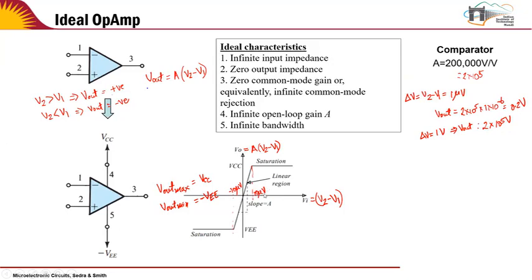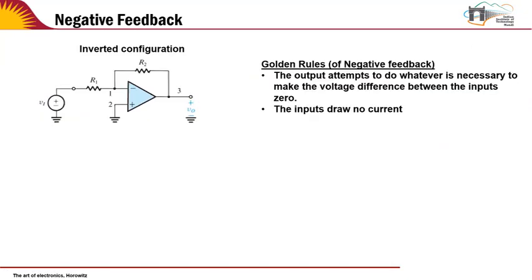What I'm trying to show is if there's a very tiny change in the input, then the output will follow a slope given by A, because the output is A times V2 minus V1. If the change in the inputs is much larger than this, then the output will saturate, because you cannot get a very large output. It will saturate to what the power supply is giving. So this is the basic working of the ideal op amp.